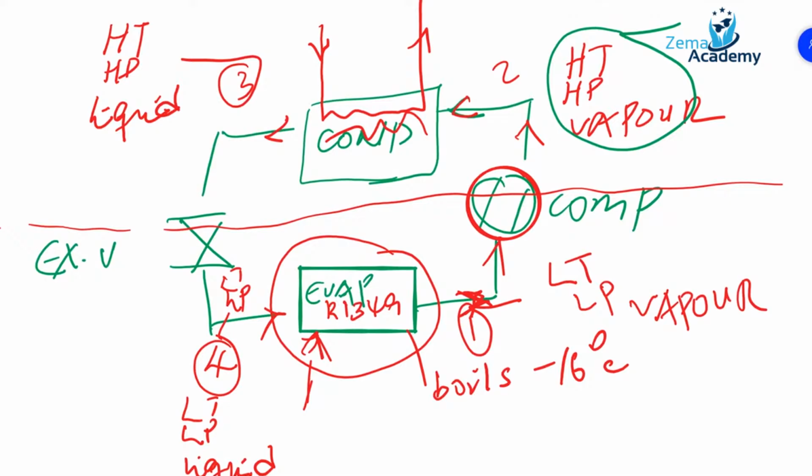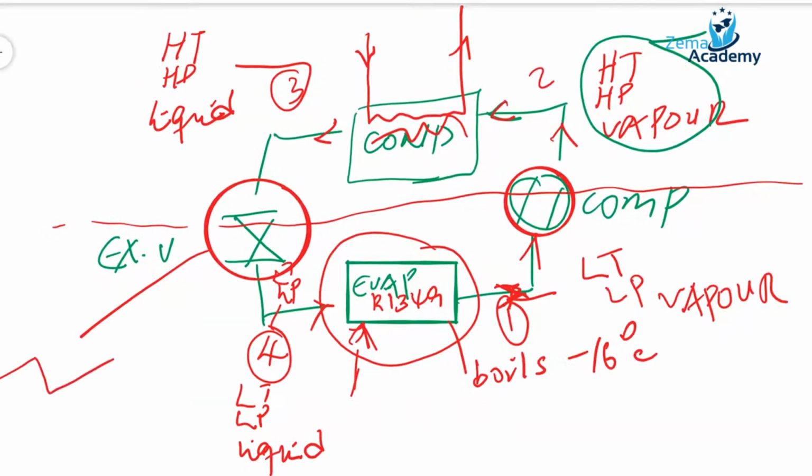Remember, at point 4 we had low temperature and low pressure. In order to reduce the temperature and pressure of the liquid from high to low, we pass it through an expansion valve. How do we do that? It uses Bernoulli's principle.